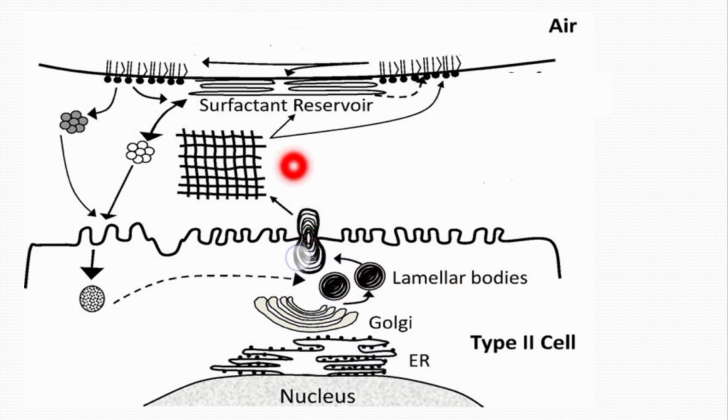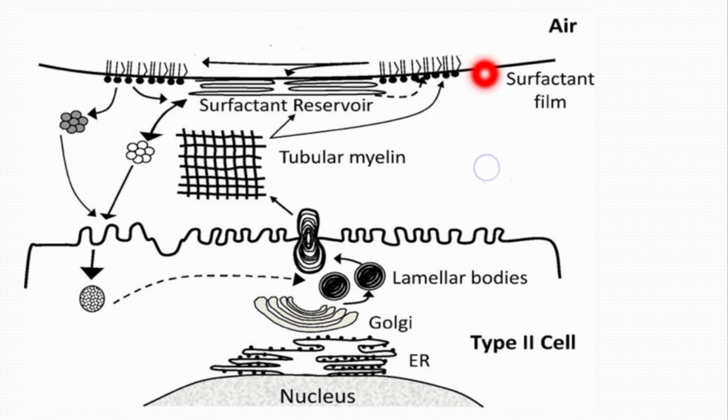Once inside the fluid of the alveolus, these lamellar bodies give rise to tubes of phospholipid, and these tubes of phospholipid are called tubular myelin. Then this tubular myelin forms a thin surfactant film which is spread over the surface of the fluid lining the walls of the alveoli.